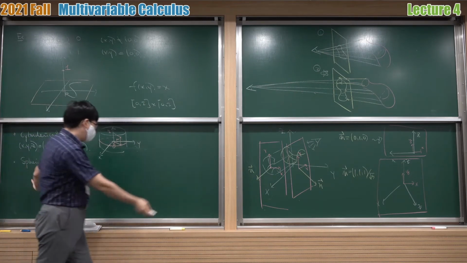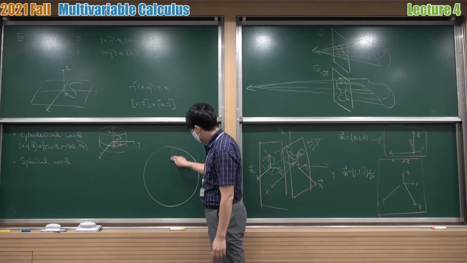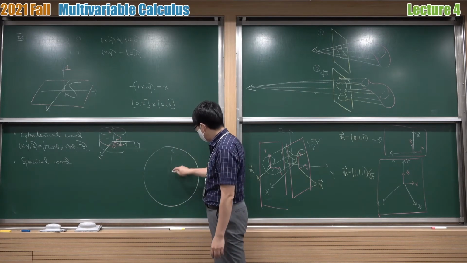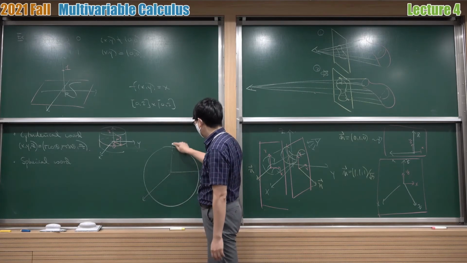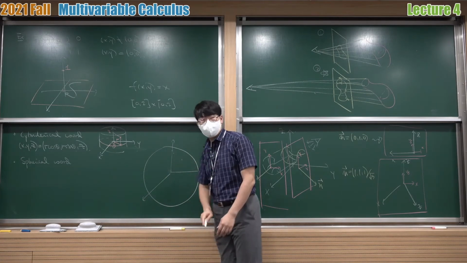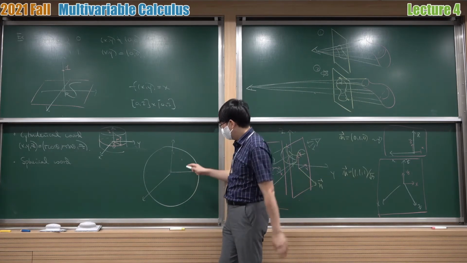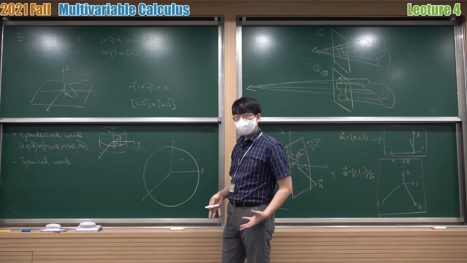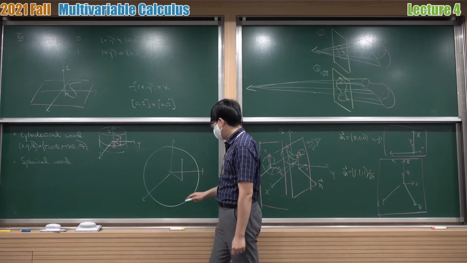And the spherical coordinate system you probably learned in physics, but let me explain it again. So we have the x, y, z axes. And suppose your point is on the surface of a sphere of radius r. What are the x, y, z coordinates? So project that onto the xy plane.